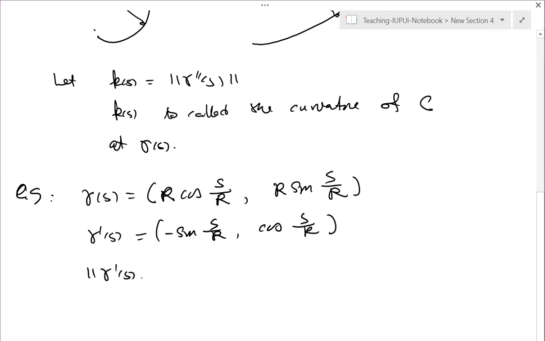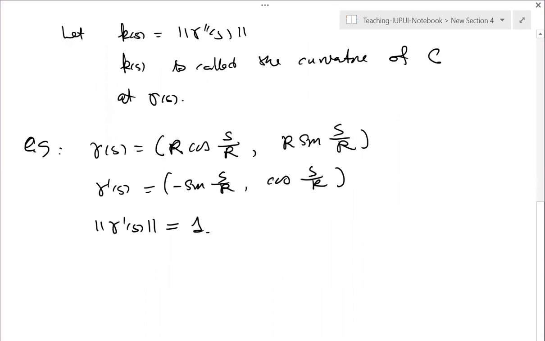So the length is going to be what? The length is going to be 1, and then we can differentiate twice, and I'm going to get negative 1 over r cosine of s over r, and then negative 1 over r sine of s over r.